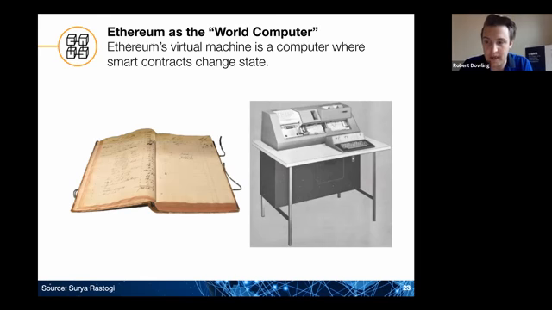And the reason for that is that by having a virtual machine, Ethereum has something called state. So what does that mean? What is this idea of state? Why do we care about it? Well, in computing, a computer is considered to have state if it can remember things. So your Mac that you're watching this on right now, it has state.